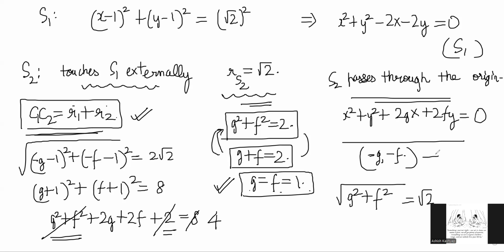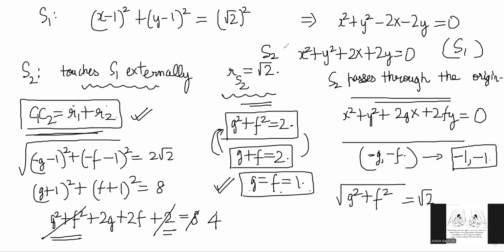So therefore the center of this circle is minus 1 comma minus 1. And the equation of the circle S2 becomes x square plus y square plus 2x plus 2y equals 0. So that becomes your S2 equation. So we have found two of the circles, and both the circles pass through the origin, and actually they will be tangent to each other at the origin.